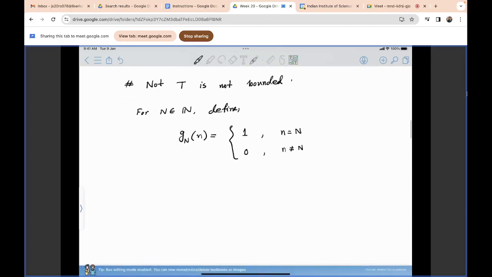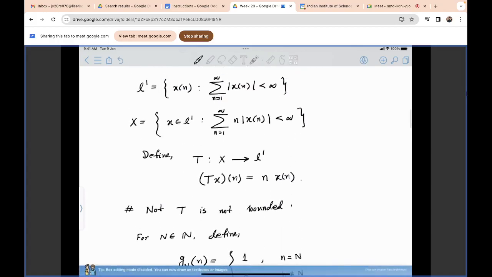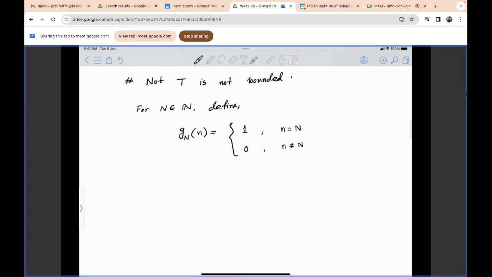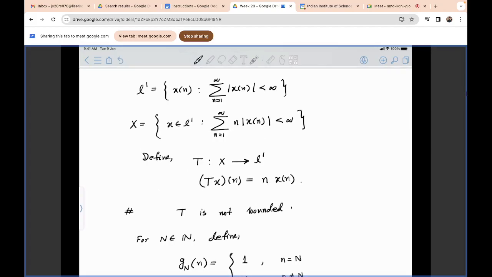What will be the norm of this? Note that X is a subspace of L1, so there we are also giving the L1 norm. Note that Gn is in X, because it is non-zero at only one point, so it will obviously satisfy this condition.